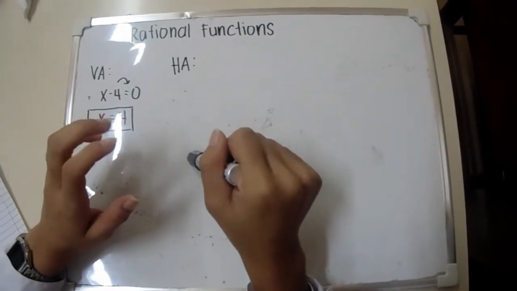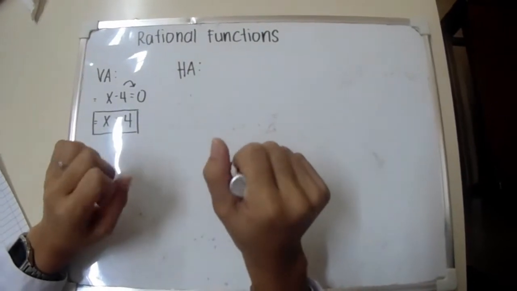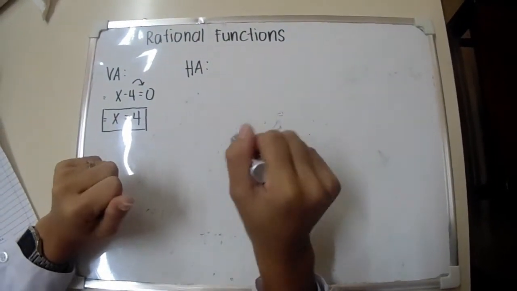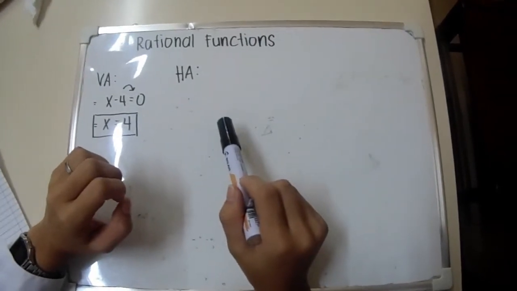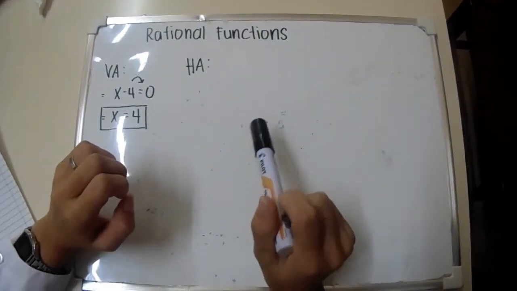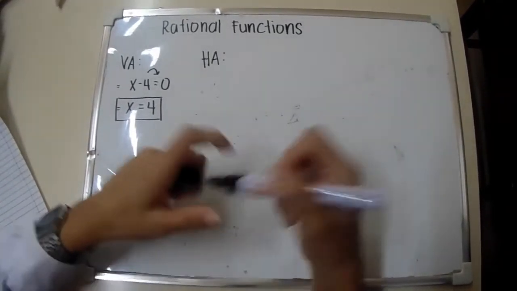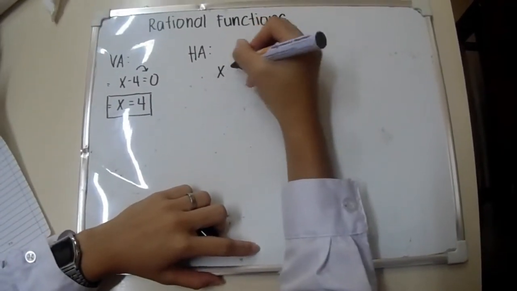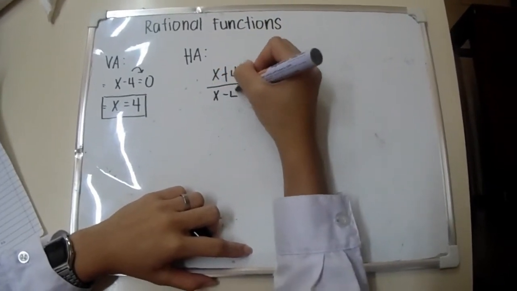Second, if the degree of p of x is equal to the degree of q of x, then the horizontal asymptote is equal to the ratio of the leading coefficients. Third, if the degree of p of x is greater than the degree of q of x, then there is no horizontal asymptote.